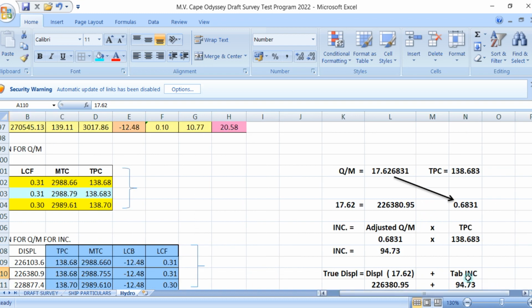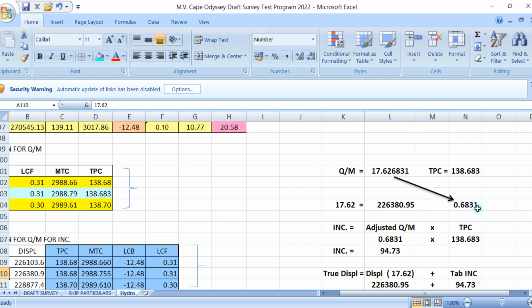Okay. Now, since you have the TPC of 138.68 and you have a decimal of 0.6831, that will be the adjusted quarter mean, this one, multiplied by TPC, which is 138.683. The value of increments will be 94.73.